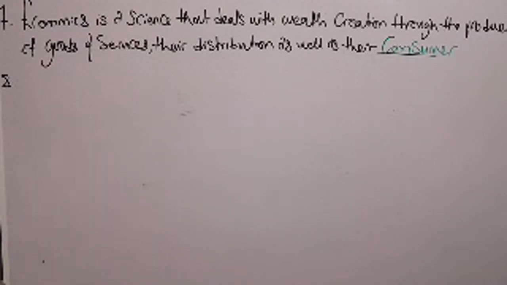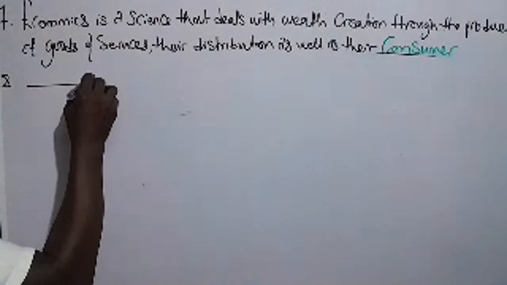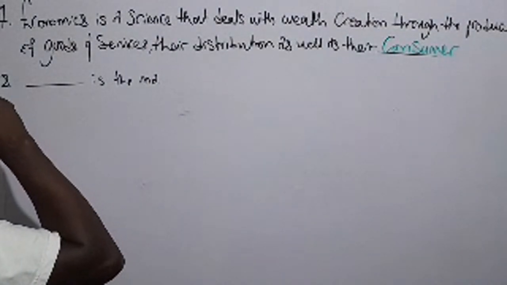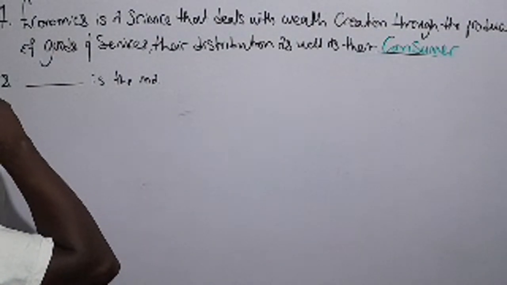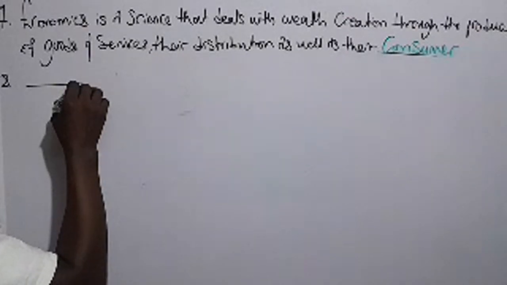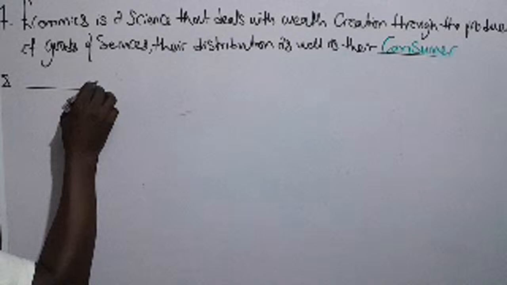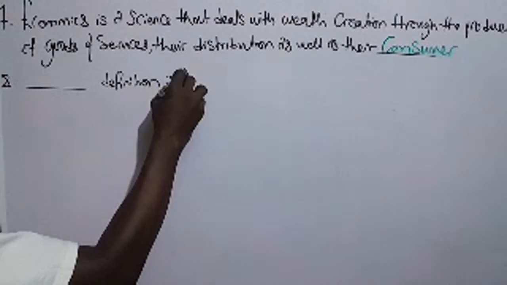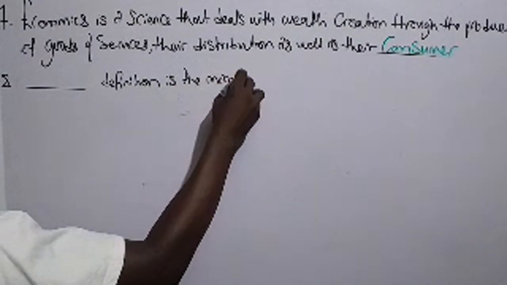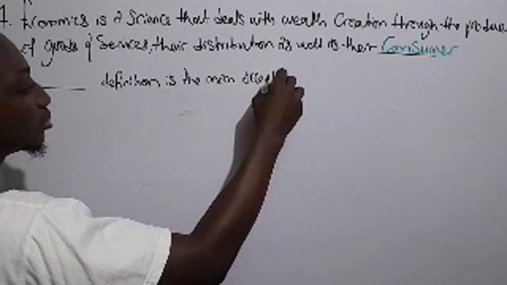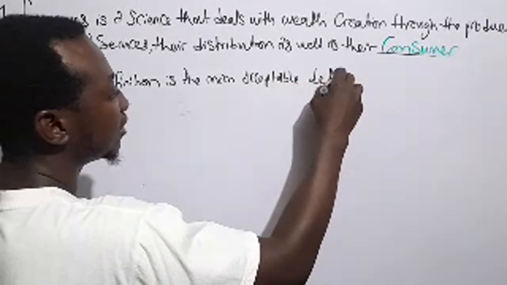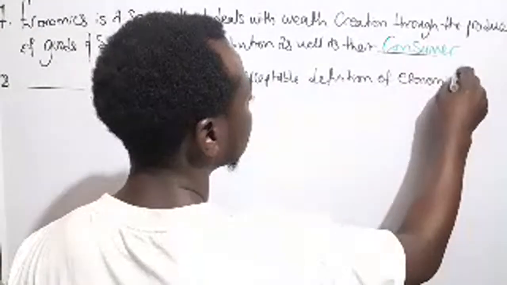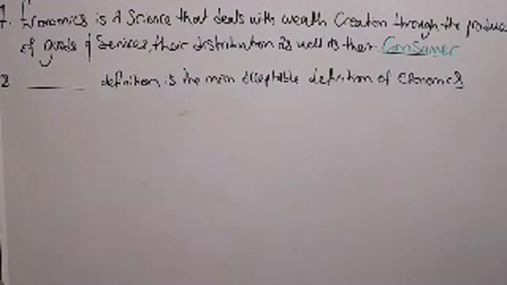Now, let's put it this way: Robbins' definition is the mainly acceptable definition of economics.